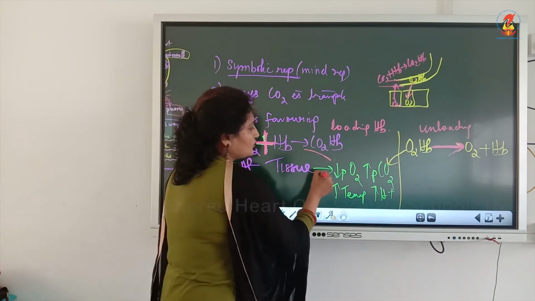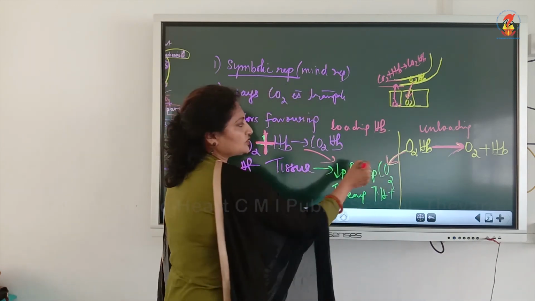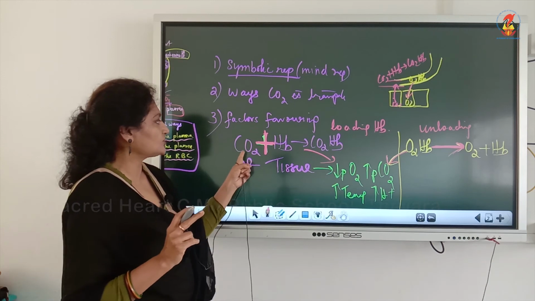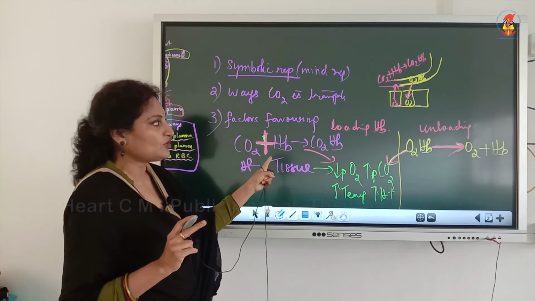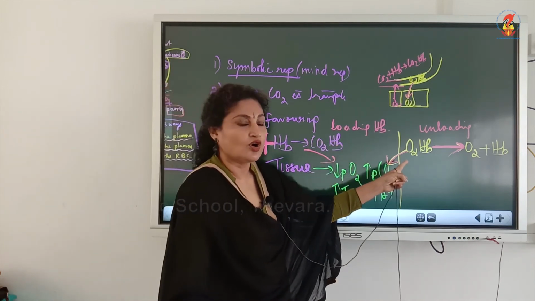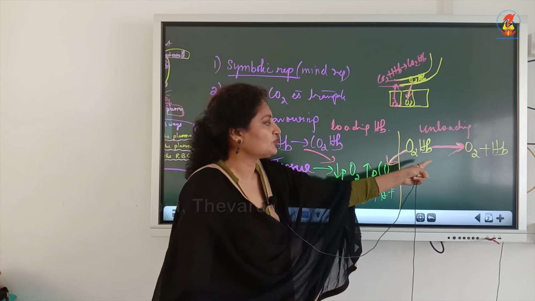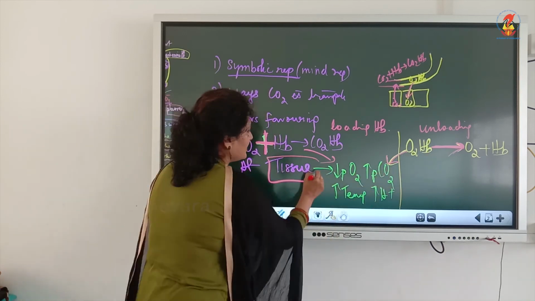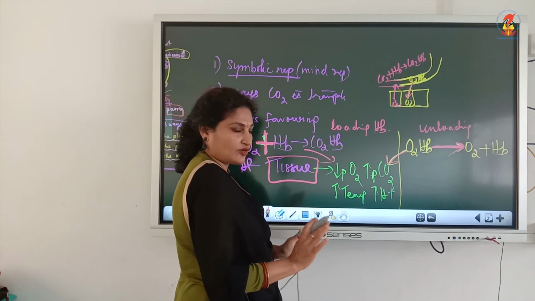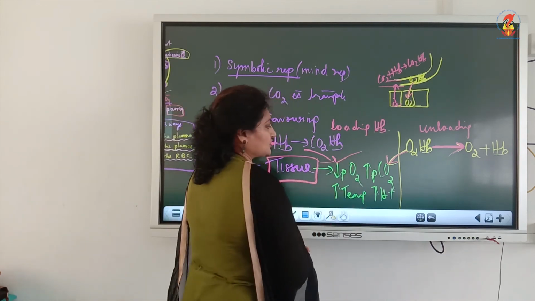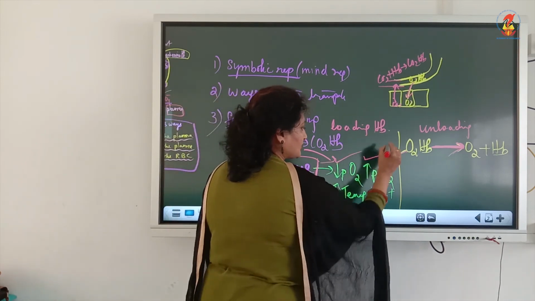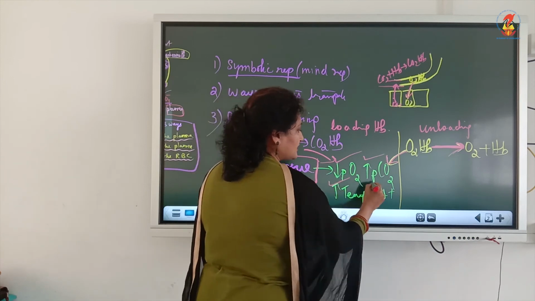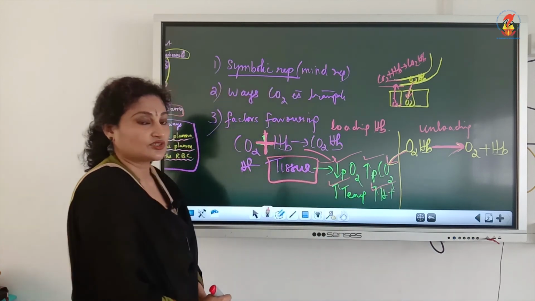So you can talk in terms of association or dissociation, but remember which gas. Association of carbon dioxide with hemoglobin, or dissociation of oxyhemoglobin into oxygen and hemoglobin at the tissue level. And the factors favorable, once and for all I am saying: partial pressure of oxygen is low, partial pressure of carbon dioxide is high, temperature is high, and the hydrogen ion concentration is high.